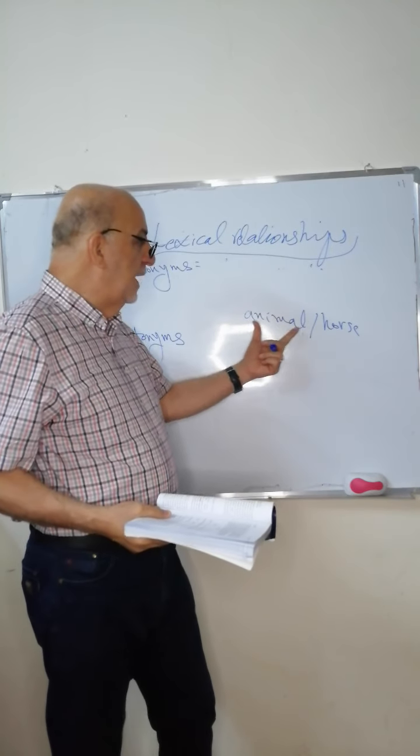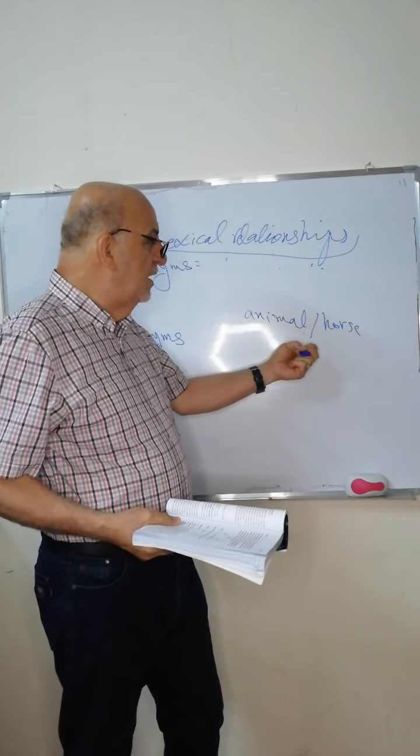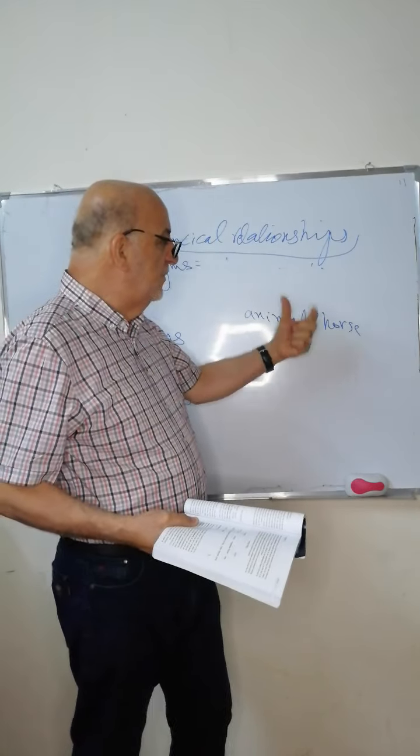When I talk about horse, I say horse is an animal. So the meaning of one word is included in the meaning of animal. So horse is a hyponym of the word animal.